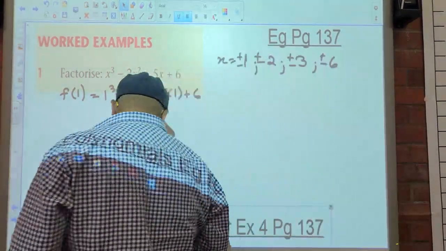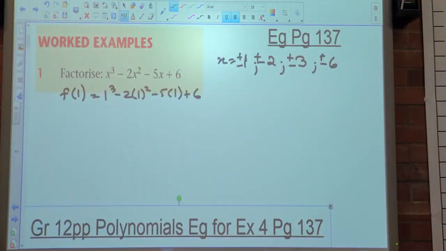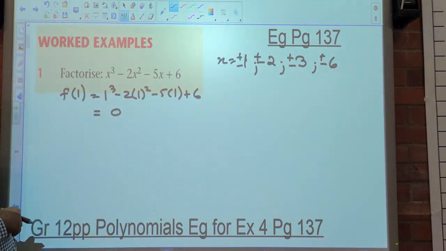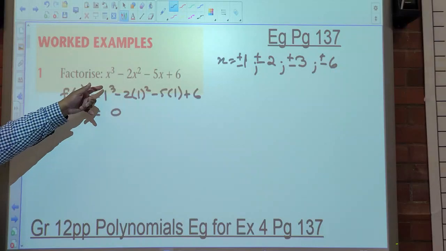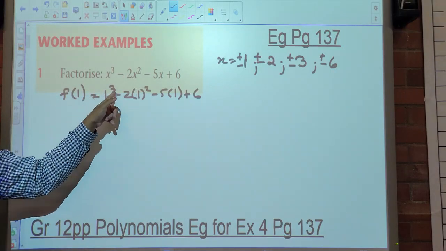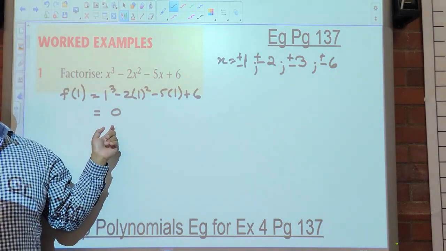So what we do is, if this didn't work, we would never have written it down. Only because that gives me an answer of 0, I write it down. If 1 didn't work, I would never have written it down. Minus 1, no. If 2 gave me 0, then I would have shown the substitution for 2 only and put 0. You guys understand?